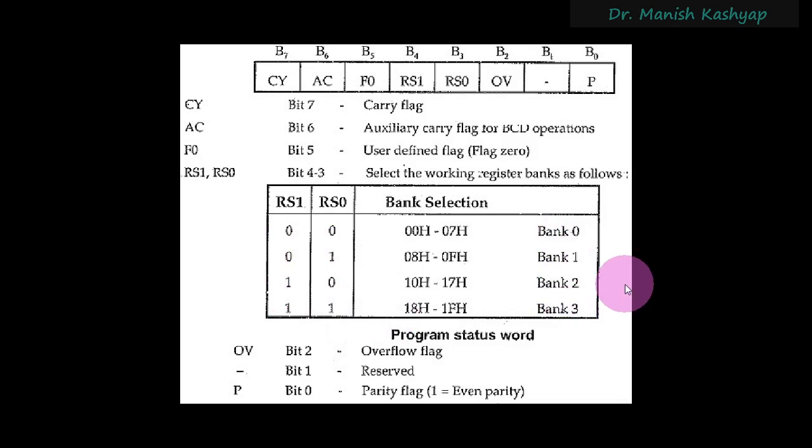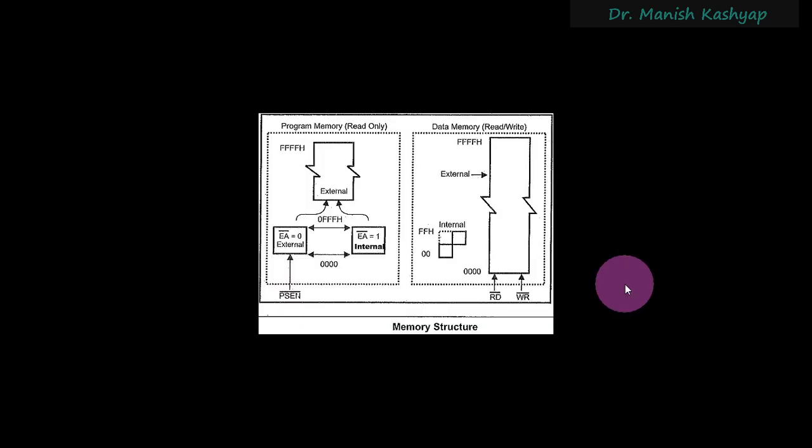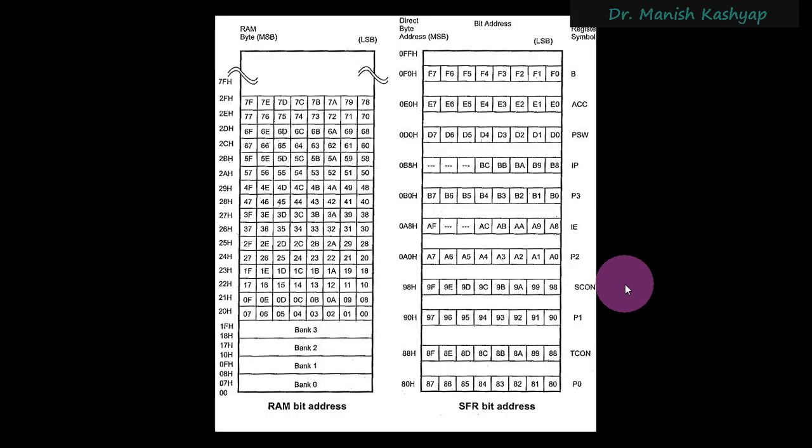Now, what is the advantage of this? Let me just show you that diagram first. See, bank 0, bank 1, bank 2, and bank 3 are present in the initial stages of RAM. They all contain 8 registers each, right? When we used to write any function in 8085 or 8086, what we used to do was put the content of the program counter onto the stack.